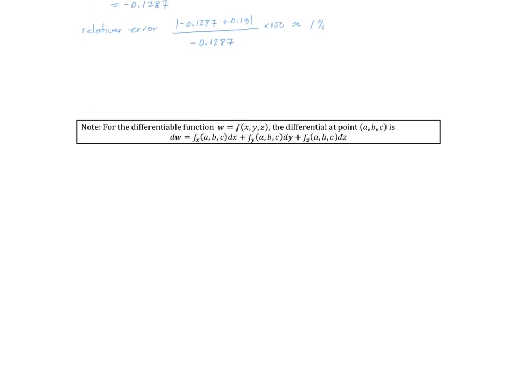At the very bottom here, we have a function of 3 independent variables, x, y, z. And we can also find our linear approximation. It wouldn't be a tangent plane. It would be a tangent surface, some three-dimensional surface.